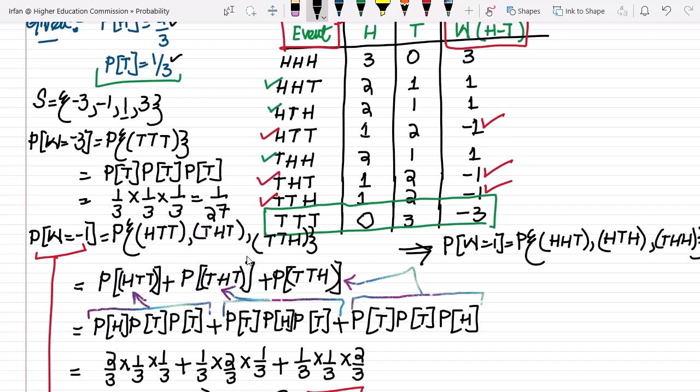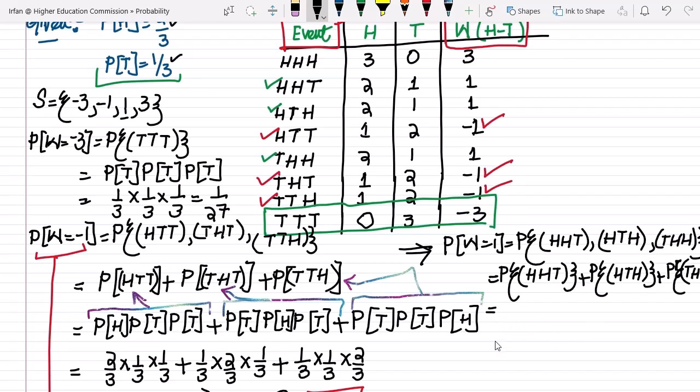Now writing them in the similar manner as we have done for W equal to -1. So what would we get here? We will have heads, heads, tail, or heads, tail, heads, or tail, heads, heads. So these are the events which we have.